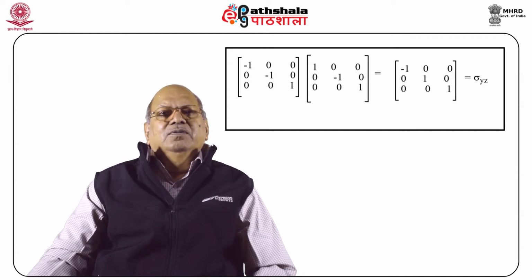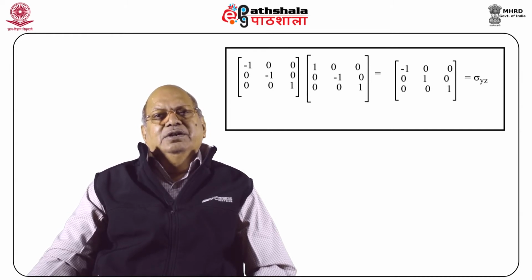Our table for the C2V point group shows the result should be sigma yz. Now I take the matrix corresponding to C2 and the matrix corresponding to sigma xz and multiply them. I get the matrix minus 1 0 0, 0 1 0, 0 0 1. This is nothing but the matrix corresponding to sigma yz. So this is also verified.